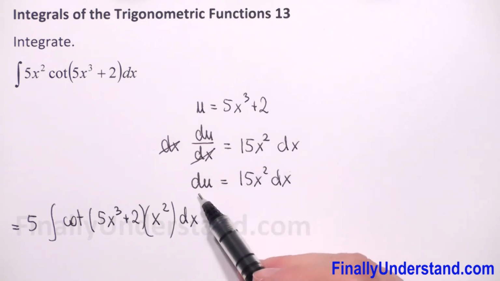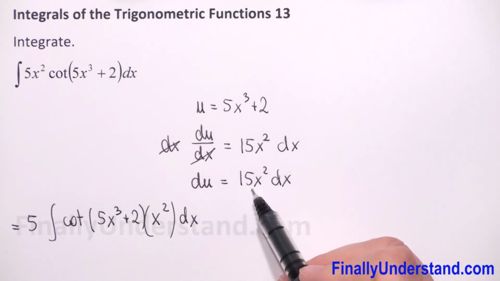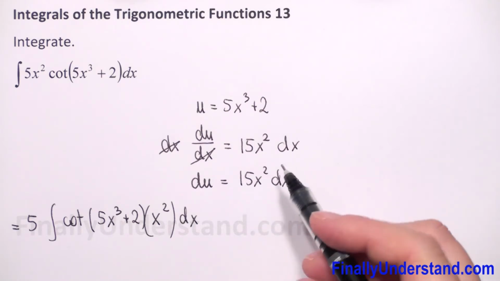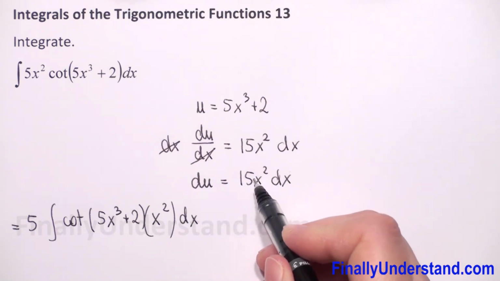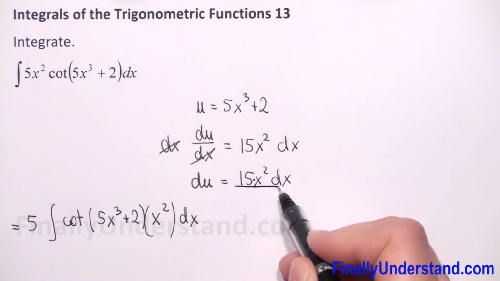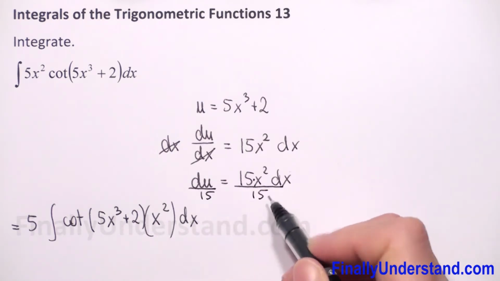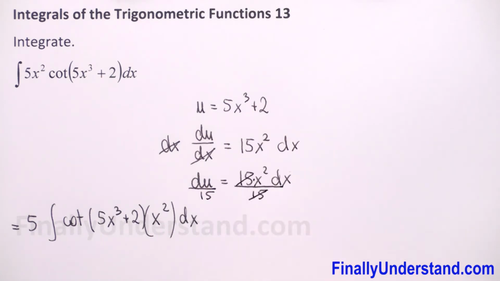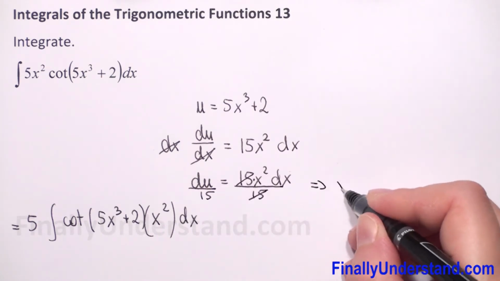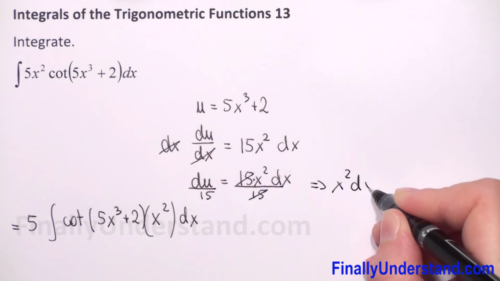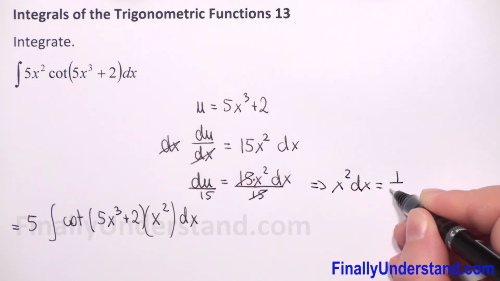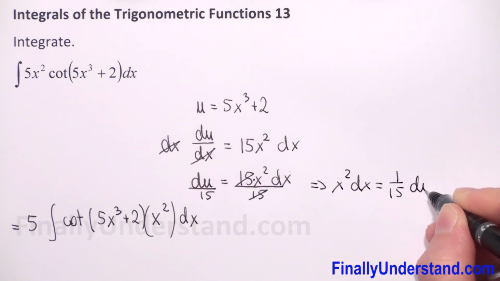We found that du is equal to 15 times x squared dx. We don't need this 15 because we have multiplication. I will divide both sides by 15, and 15 and 15 we can reduce. We have x squared dx is equal to 1 over 15 du.